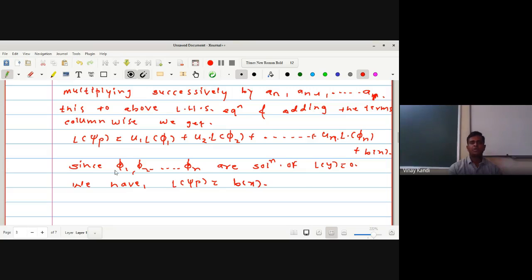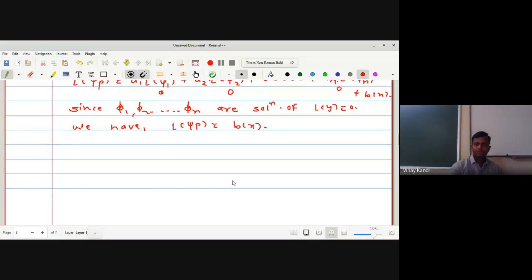Why? Because phi 1, phi 2, phi n are the solutions of L of y is equal to 0. Hence the value of this one is 0, this one is 0, this one is also 0. So hence we get L of psi p is equal to b of x.